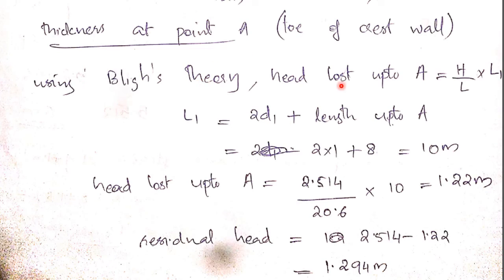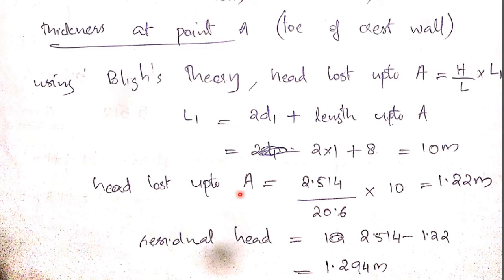Using Bligh's theory, head lost up to A is equal to H by L into L1, where L1 is the creep length up to A, H is the seepage head, and L is the total length of the floor. Now creep length up to A, that is L1, is equal to 2d1 plus length of floor up to A, that is 10 meters.